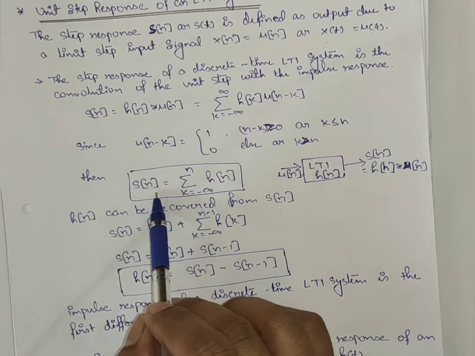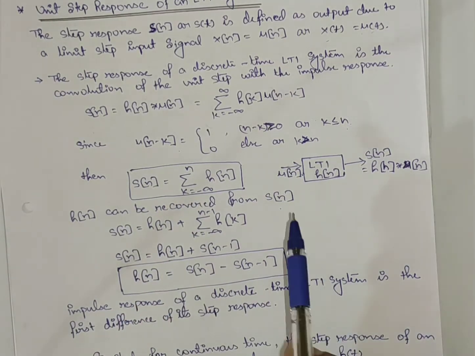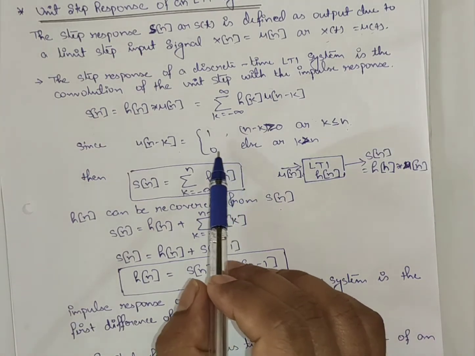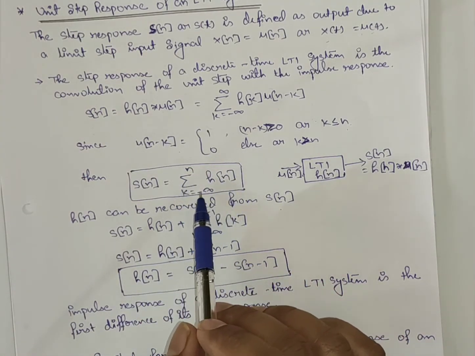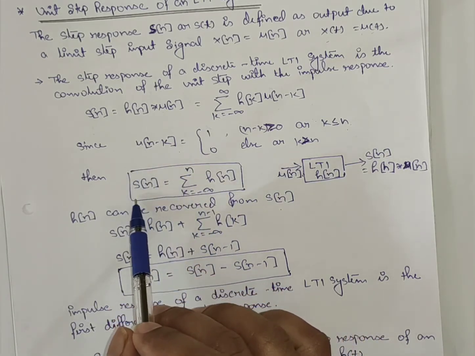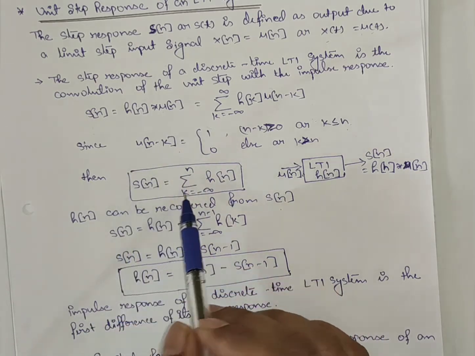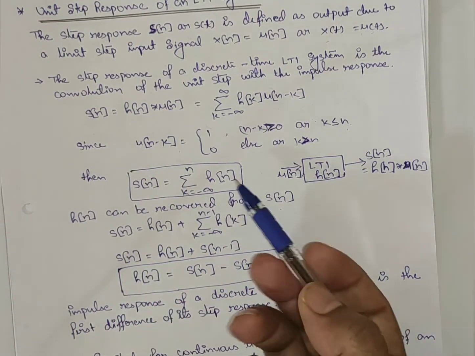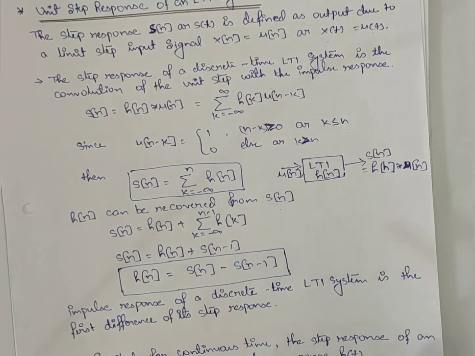This is known as the step response. This means that if the impulse response is given, then summing that signal from minus infinity to n gives the step response. And the reverse can also be done.